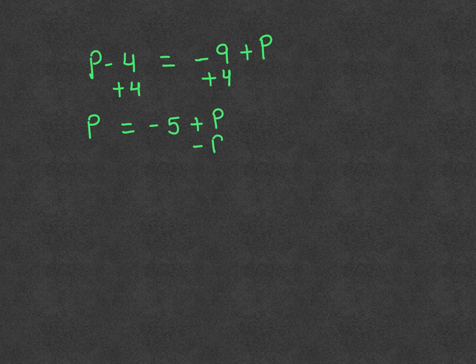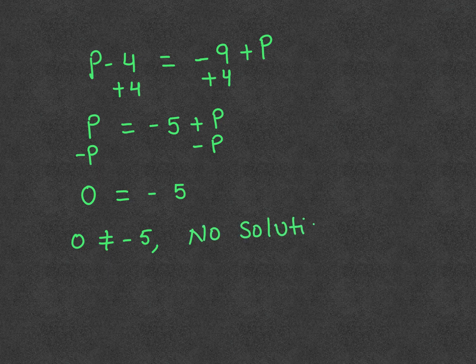Now you subtract p on both sides. What you get here is 0 equal to -5. If you notice here, we are not left with any variable. On both sides we have numbers and they are not equal to each other. Since 0 is not equal to -5, we say that we do not have any solution to this problem. So we say no solution.